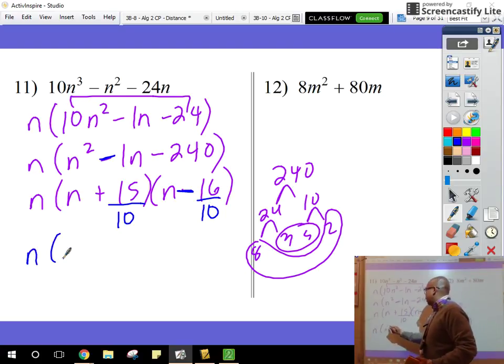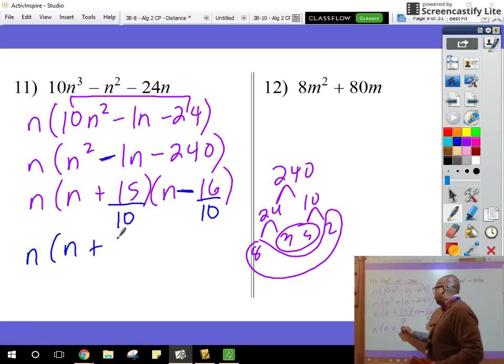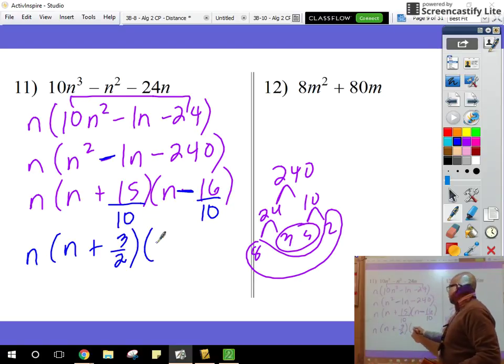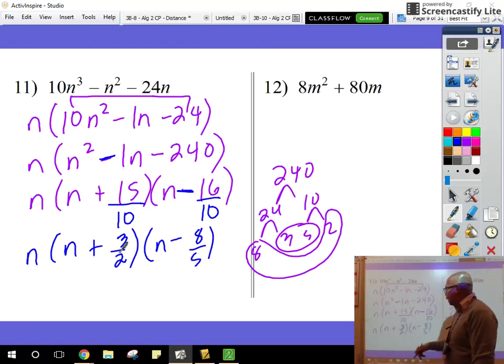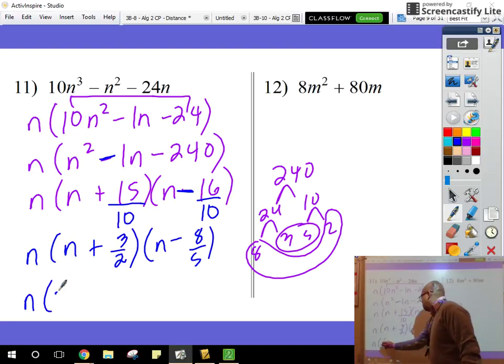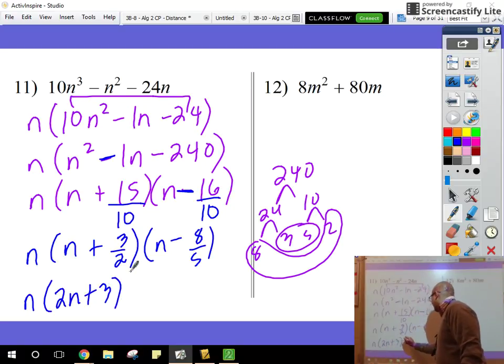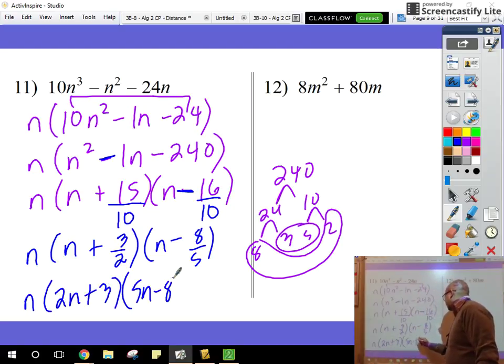So this will give me n, both of them are divisible by 5, 3 halves. And this will be divisible by 2, which is 8 over 5. That tells me that the 5 and the 2 go in front of the n there. 2n plus 3 and 5n minus 8.